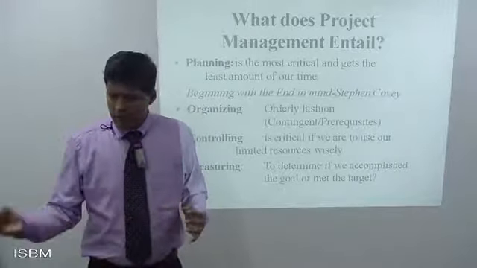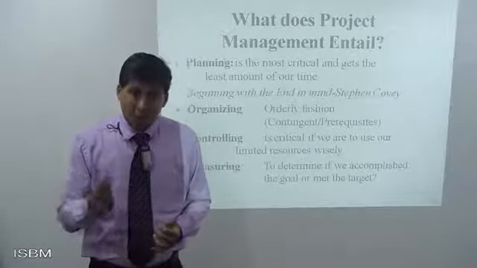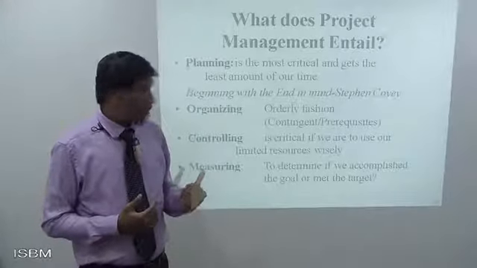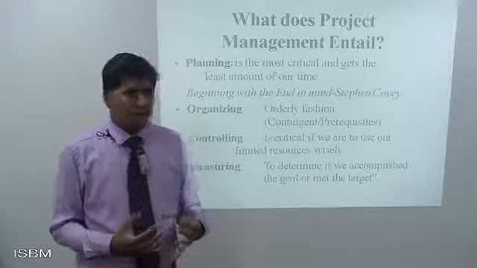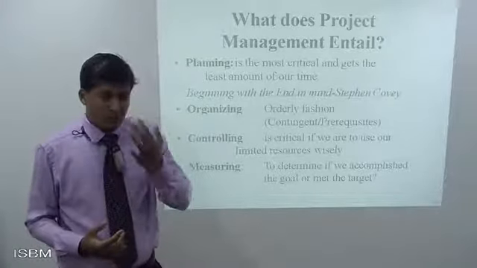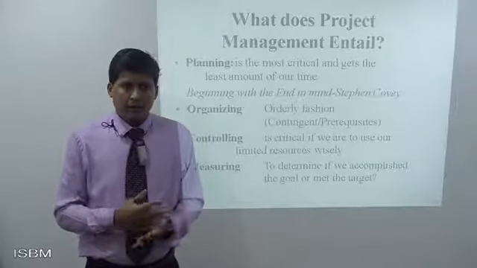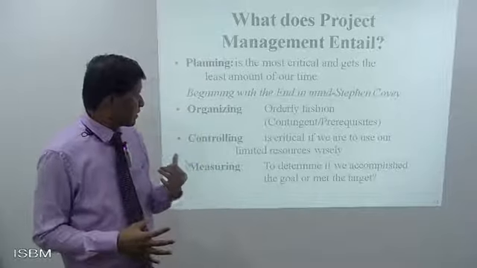That means we will find the resources, we will look into the people associated, we'll look into the factors involved. So organizing is an orderly fashion where contingent prerequisites are coupled together. Then comes controlling. Once you have planned well and once we have organized it, the third is controlling.